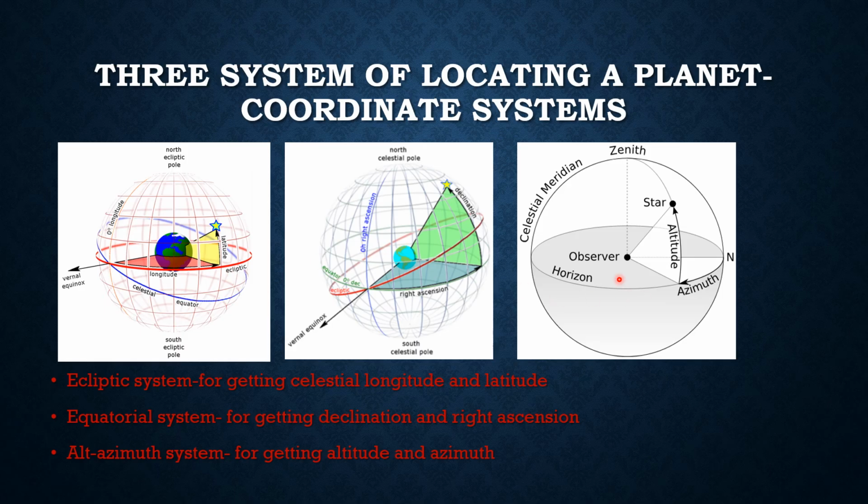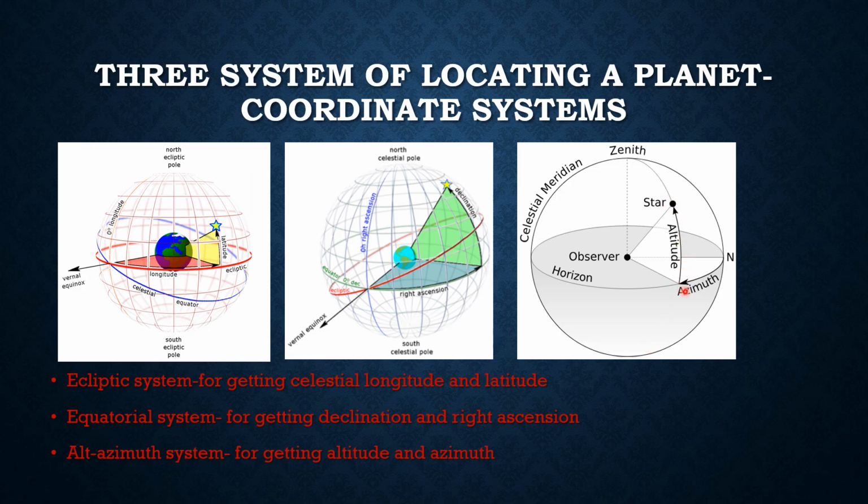The third system is with reference to altitude and azimuth, wherein you have a horizontal circle, and the observer is always at the center of the circle, and from zenith till nadir you make an arc which passes through the star.